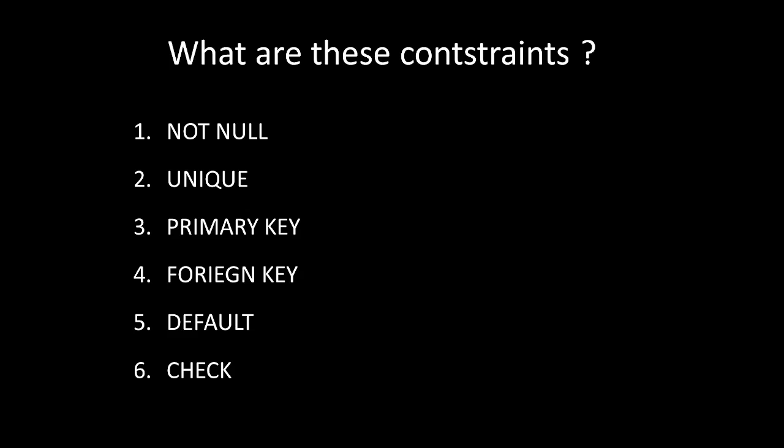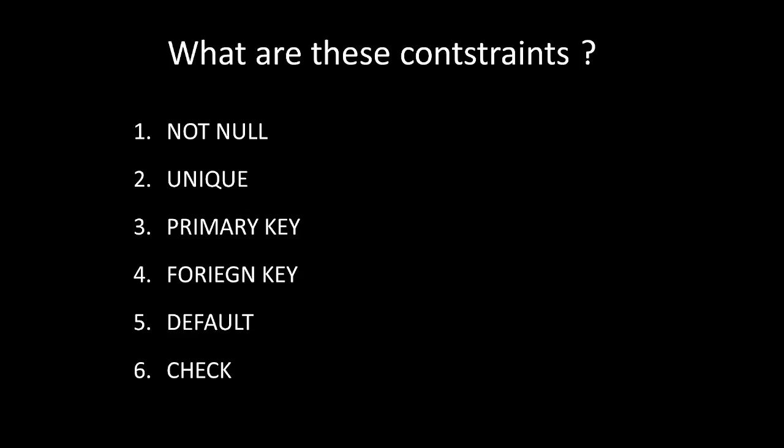Now the difference between unique and primary key is that for a table there will be only one primary key. That is, we can set only one column as primary key. But unique can be set for multiple columns. For more than one column, we can make use of the unique constraint.